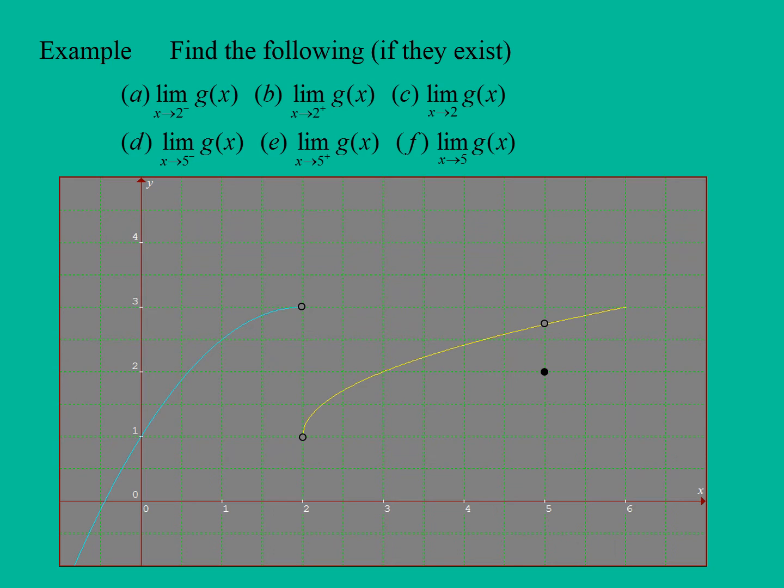I'm going to let my values of x approach 2 from the left, and I'm going to analyze the corresponding y values. The y values are approaching, it appears, 3. Unfortunately, I didn't leave enough room, so I'm just going to squeeze it in up here. This equals 3.